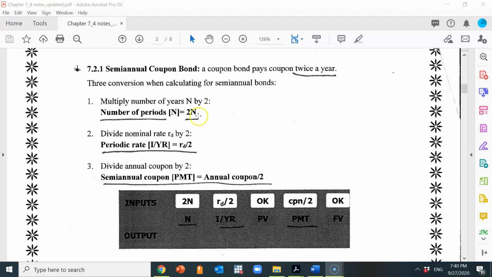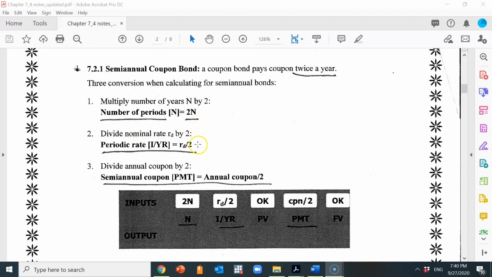Change 1, we multiply the number of years n by 2. So 2 here is m, compounding periods per year. Since we have payments twice a year, our compounding periods should also be 2, and our total number of periods would be 2 multiplied by the number of years.